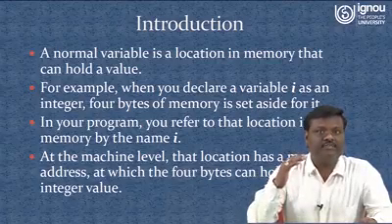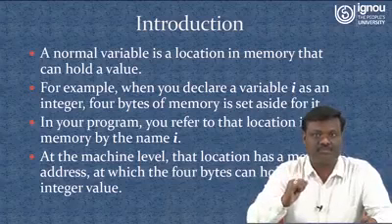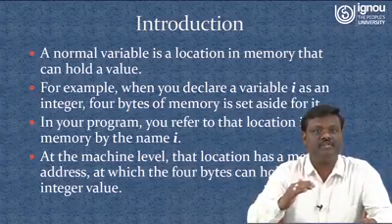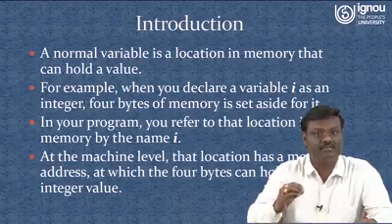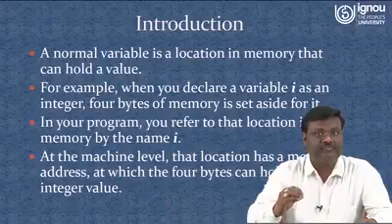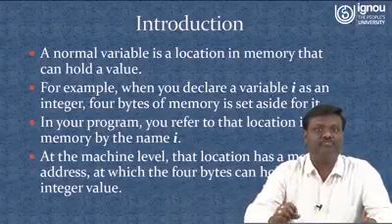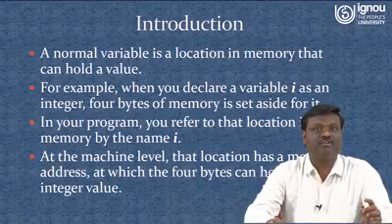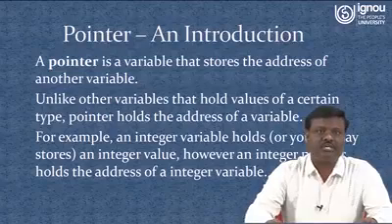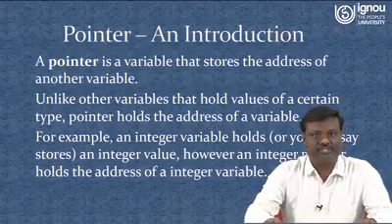This is the programmer's perspective. At the machine level, that location has a memory address, and the number of bytes it occupies depends on the data type. So let us define a pointer.